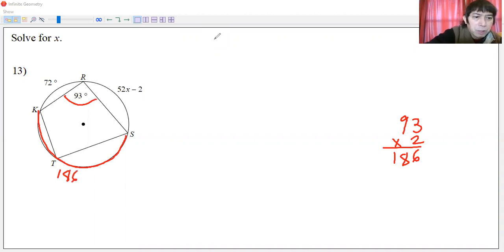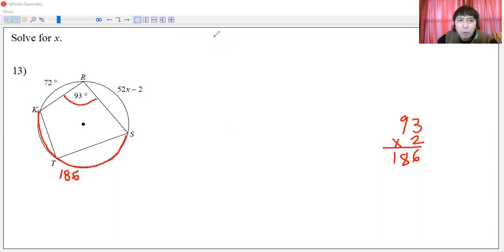Let me write my 186 clearly. There, it's 186. That arc KTS is twice the 93.